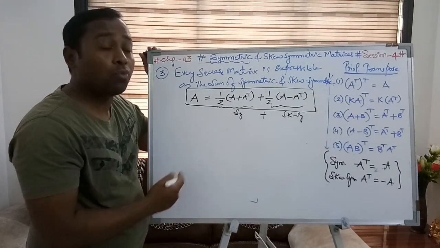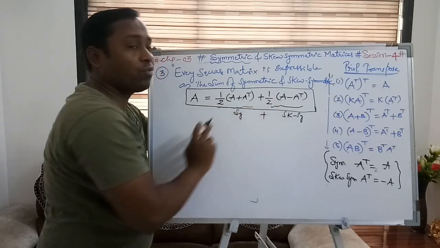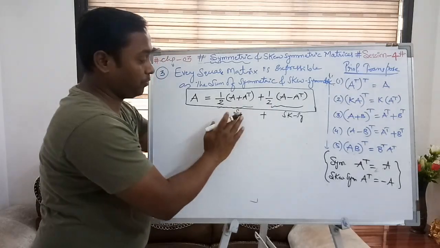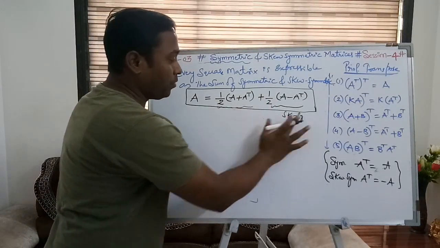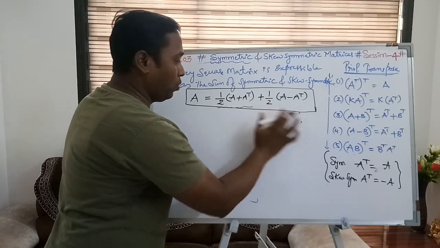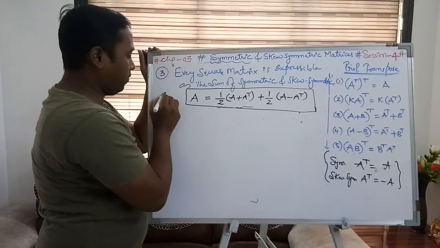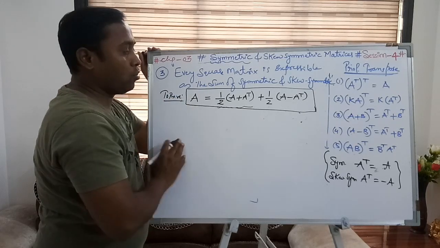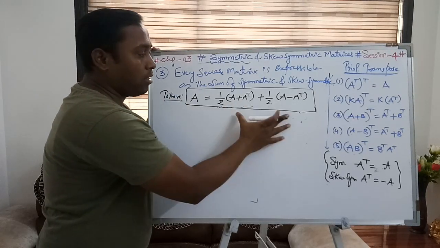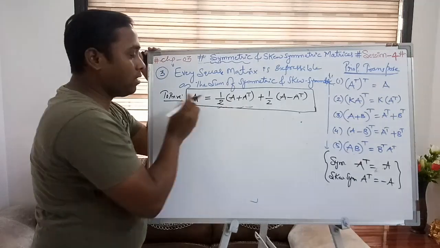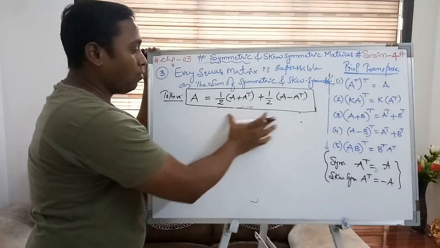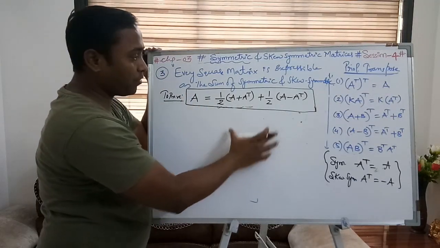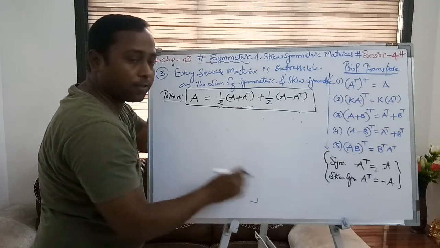That is the result which we are going to prove. Okay, fine. So I have to prove this one. I will take the right hand side to get the LHS. So what is the right hand portion we have? I am just solving this.